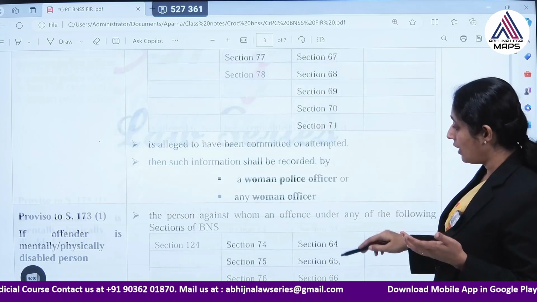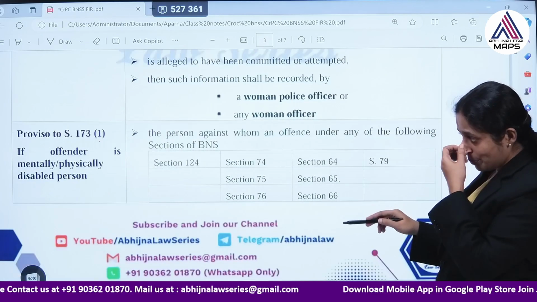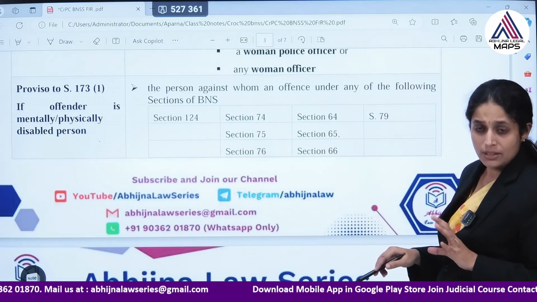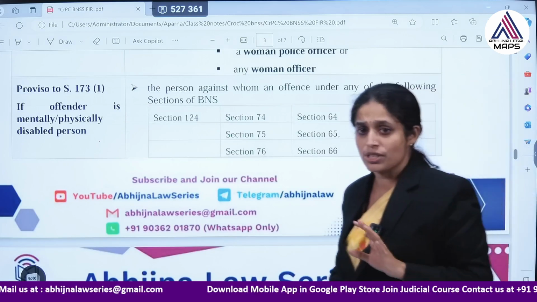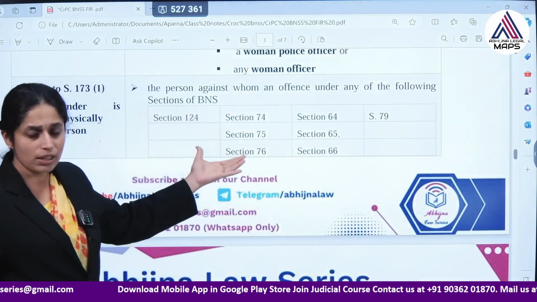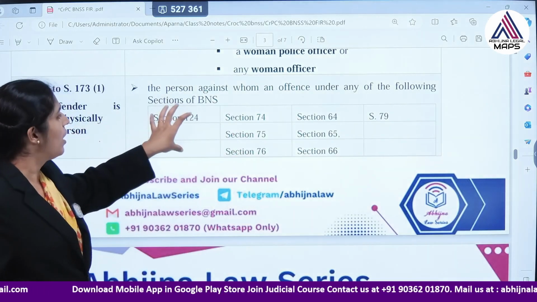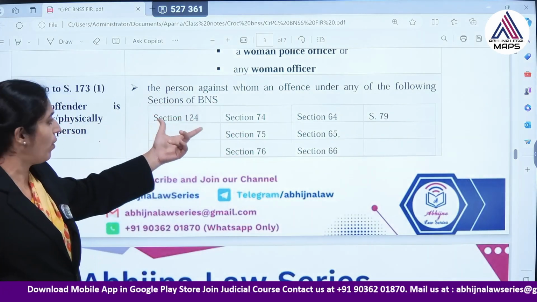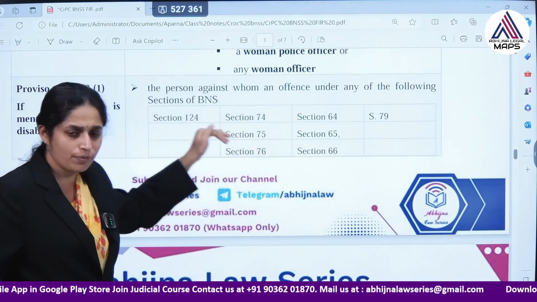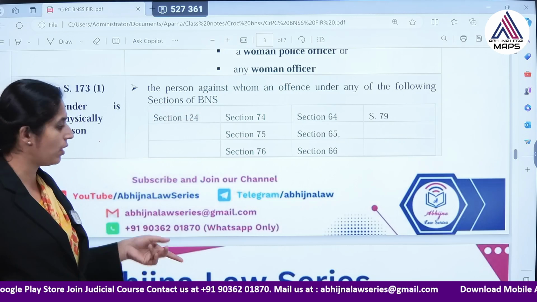And likewise, another condition is where the victim is a mentally or physically disabled person, then there is a special procedure of recording such information, and the offences are similar, the same thing has been introduced, except that in section 154 acid attack was not included, but here all kinds of offences including acid attack have been included.